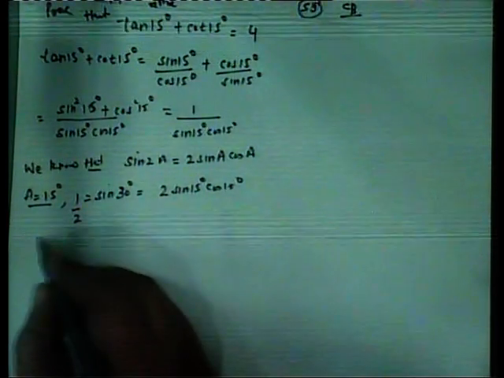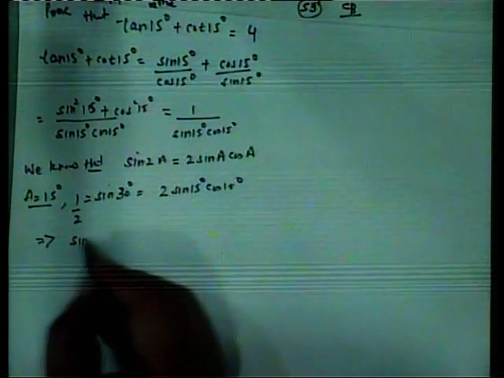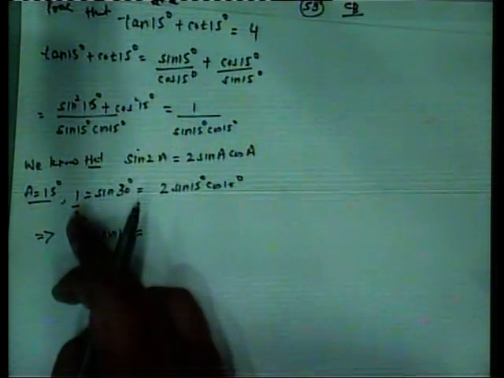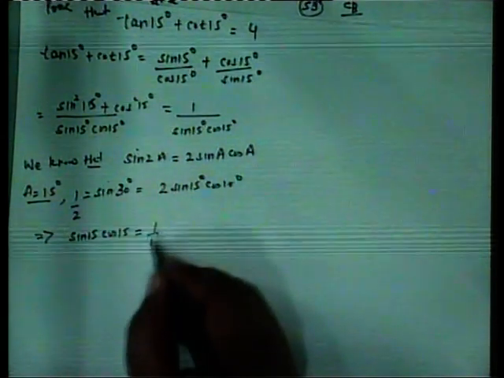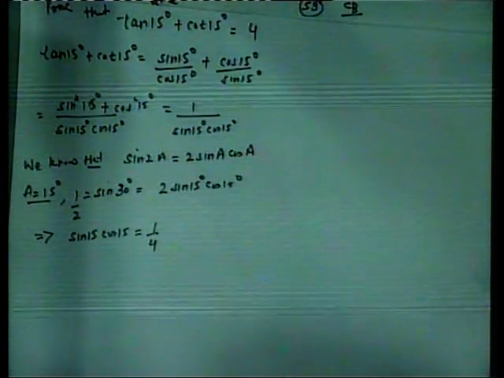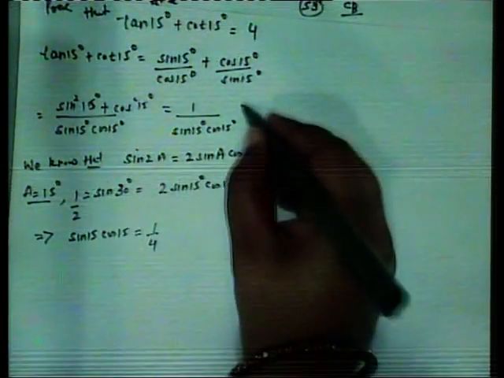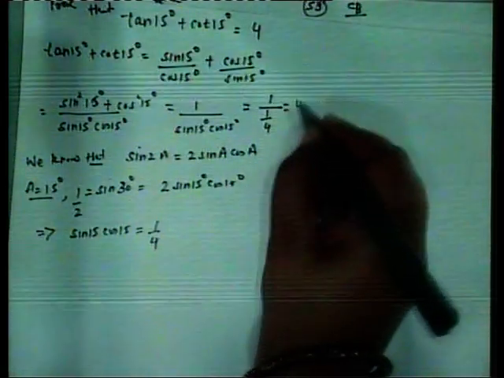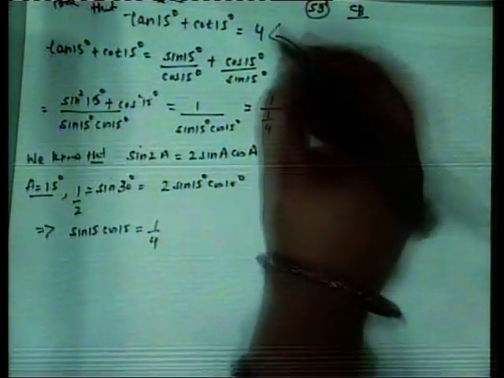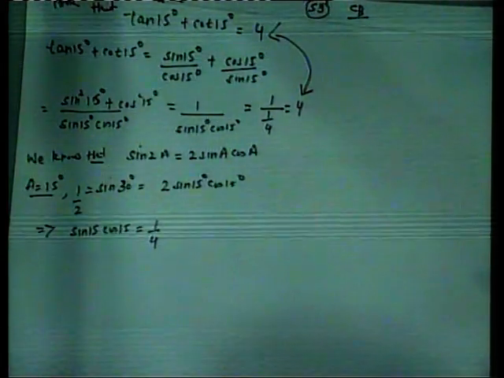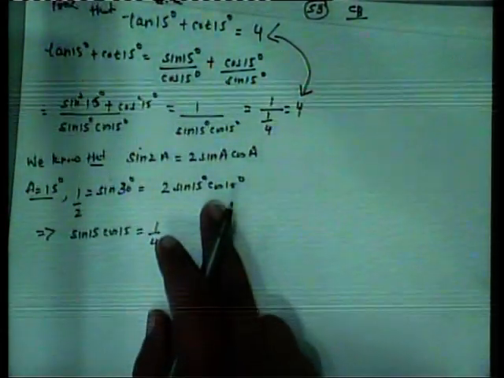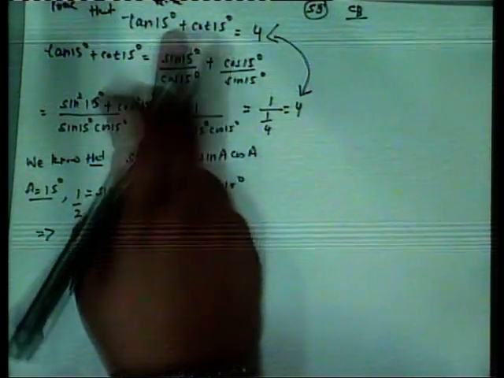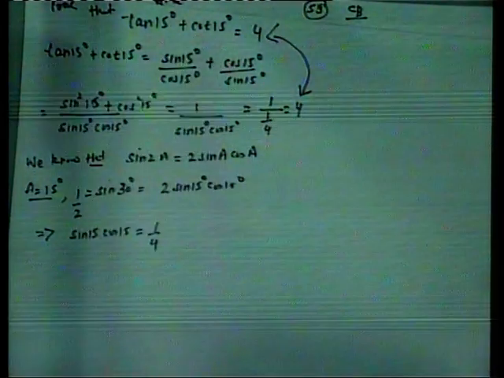So from this, what do you get? Sin 15 cos 15 is equal to 1 upon 4, sorry. So therefore, this will be equal to 1 upon 1 upon 4, which is 4, and which is the right hand side. So see, with the help of the formula for sin 2a, it is easy to find tan 15 plus cot 15 without actually knowing these two values.